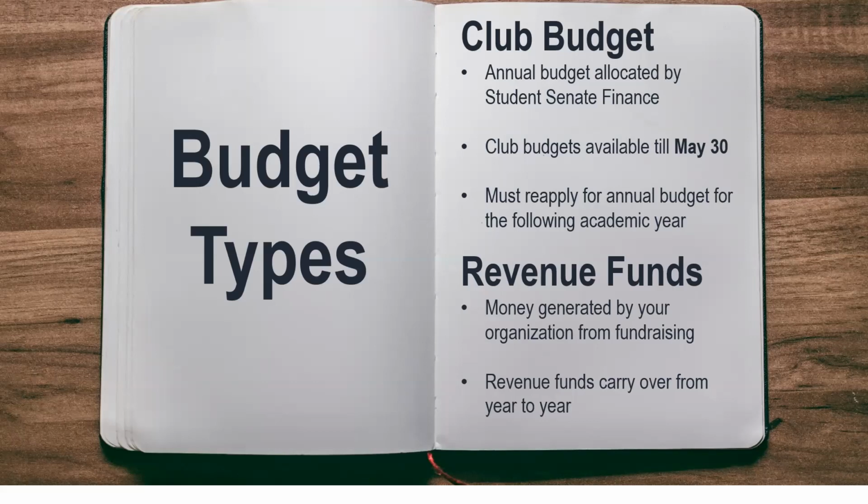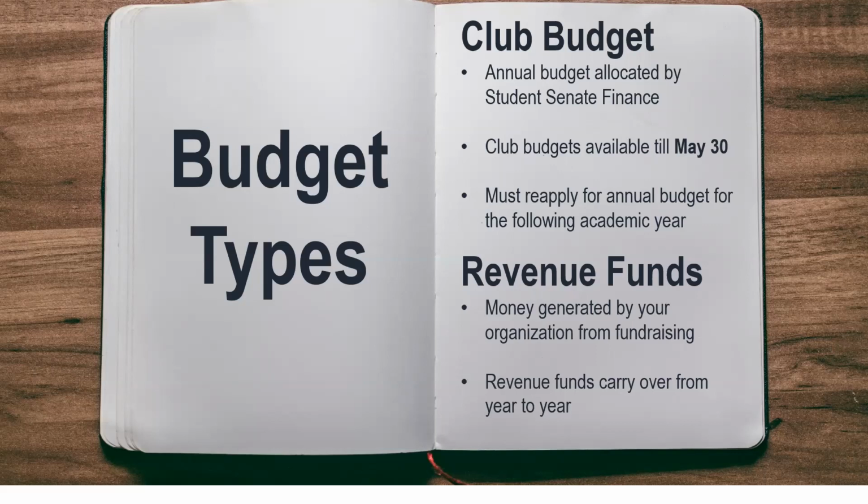Revenue funds. Revenue funds are things that you generated. If you sold tickets, that's a revenue fund. If you had a bake sale, that's revenue funds. If you ask money to put in $5 for kids with cancer, that's revenue funds. The rules for spending are rules for your budget or rules for your revenue. They have two different rule sets.